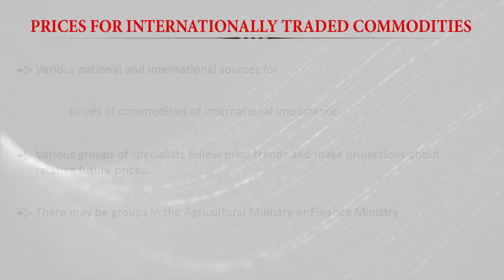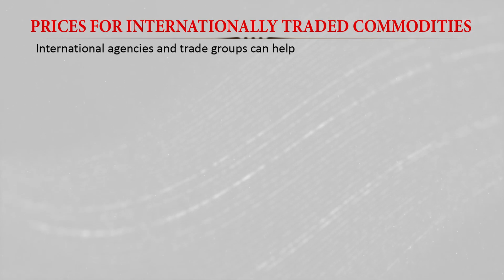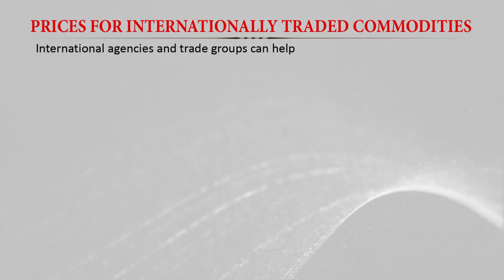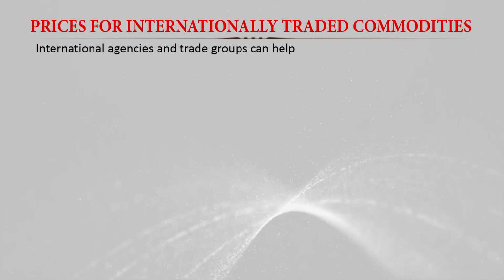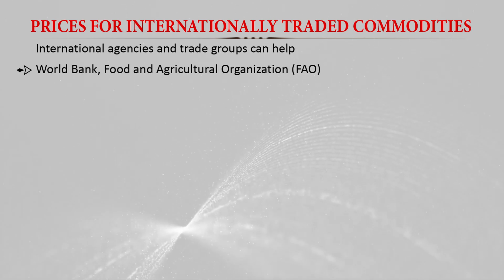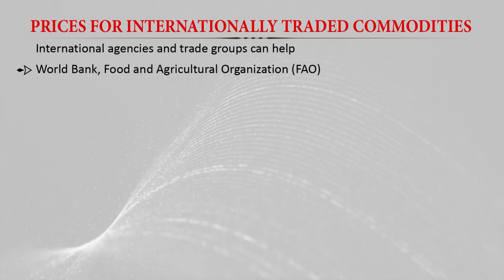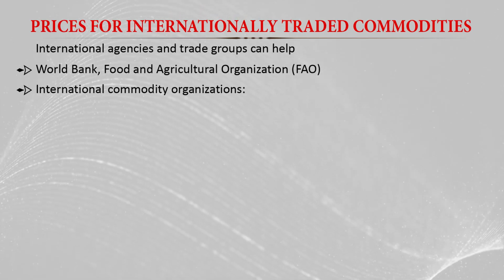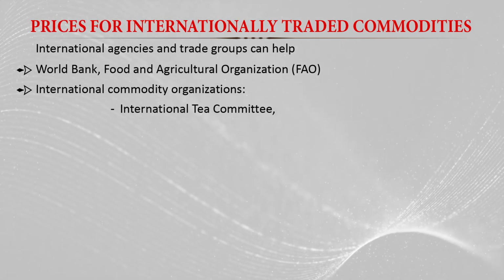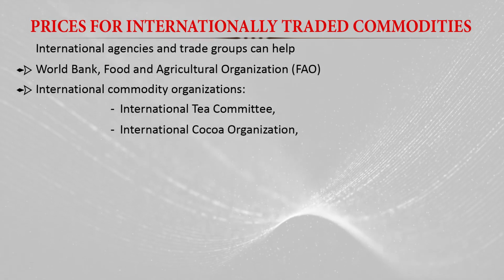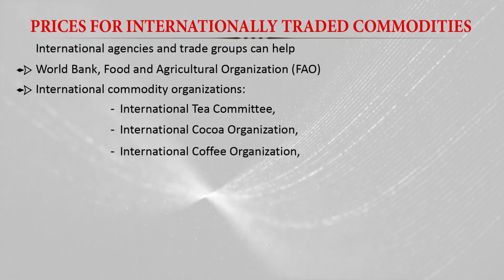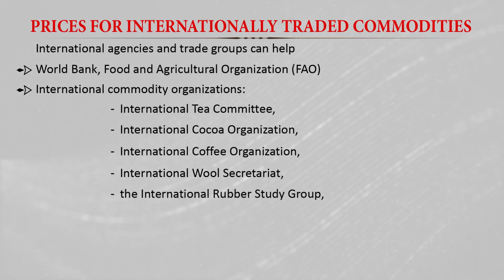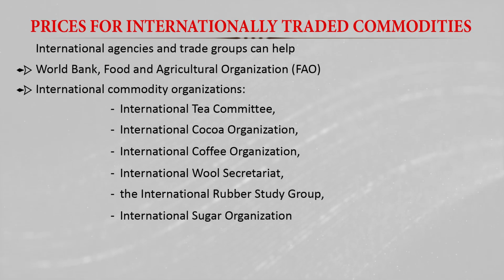traded commodity. And there are different international agencies and trade groups which can help us in giving the prices of internationally traded commodities, like the World Bank, the Food and Agriculture Organization (FAO), and different international commodity organizations like the International Tea Committee, International Cocoa Organization, International Coffee Organization, International Wool Secretariat, the International Rubber Study Group, and the International Sugar Organization.